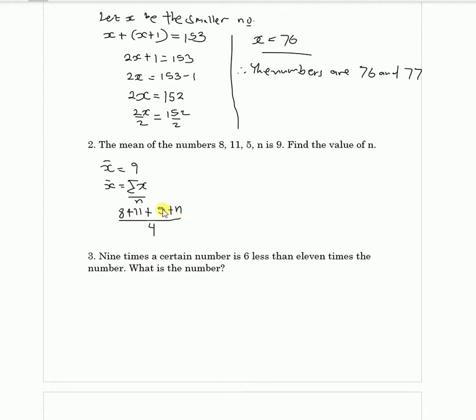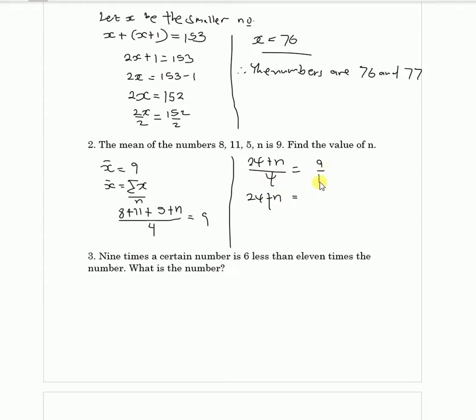And this is now the mean. It should give us 9. When I add 8 plus 11, that is 19, plus 5, that is 24. So I have 24 plus n divided by 4 is equal to 9 over 1. Let us cross multiply. 24 plus n times 1 is 24 plus n.